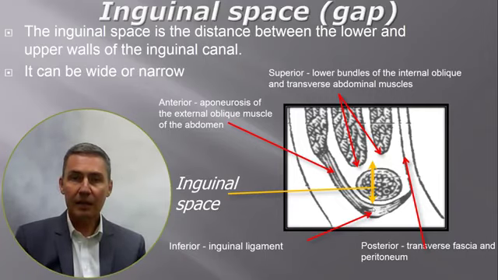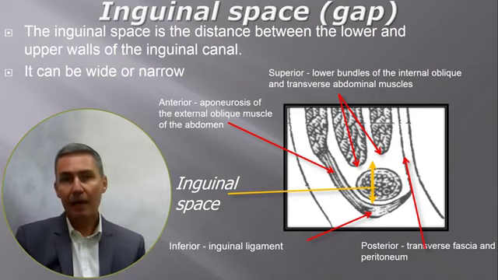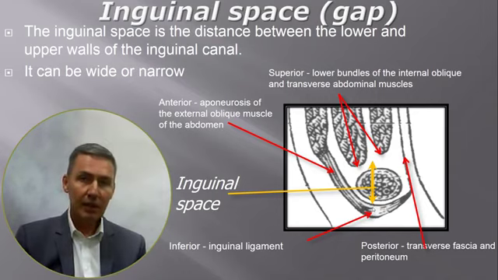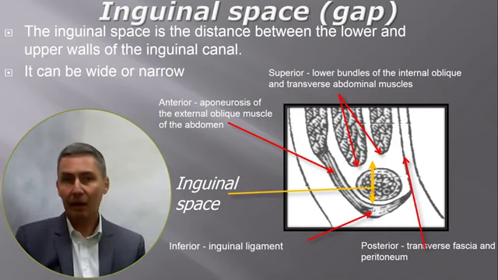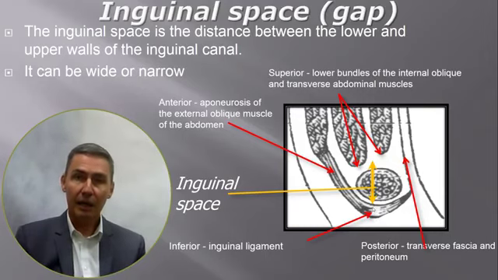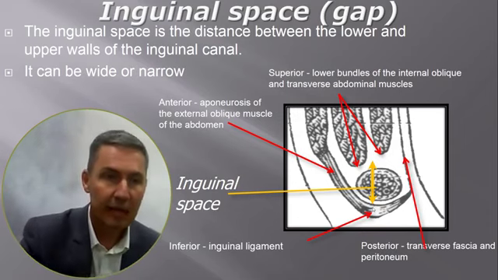That's why the inguinal space in females is more narrow, and inguinal hernias practically never occur in females. But femoral hernias, which we'll talk about in the future, can occur in females more often than in males.